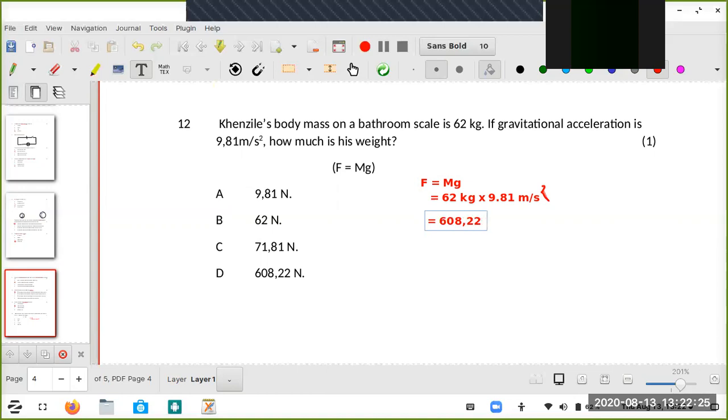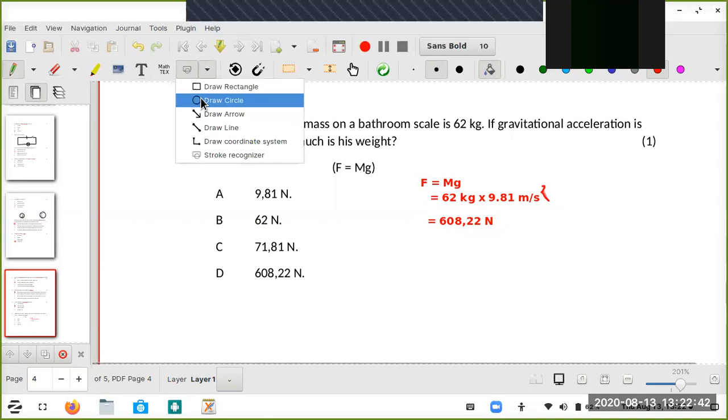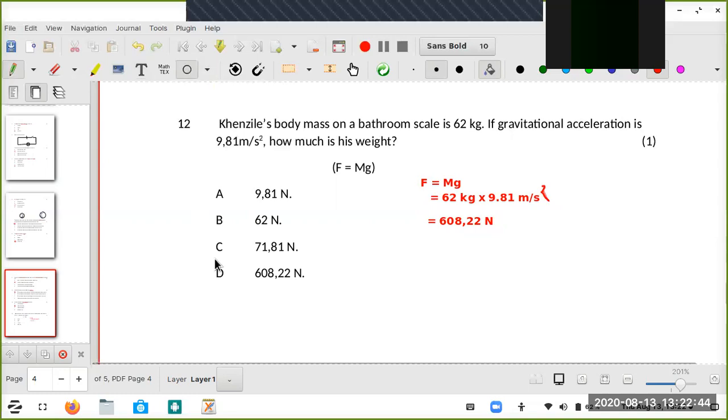Then kgs meters per square second is the same as what? Newton, right? So when you multiply, you get that, which means our answer is, in this case, D. That's our correct answer. Right, then we move on to the next one.